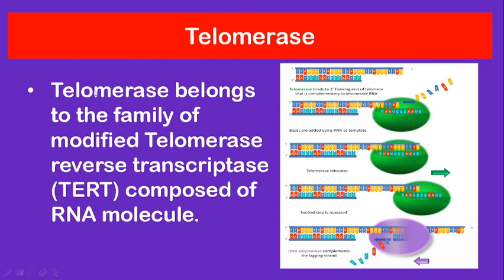Telomerase is a specialized enzyme. It belongs to a family of modified telomerase reverse transcriptases, TERT, which is composed of an RNA molecule. Here you can find, at the end of the chromosome, a repeated telomere sequence.